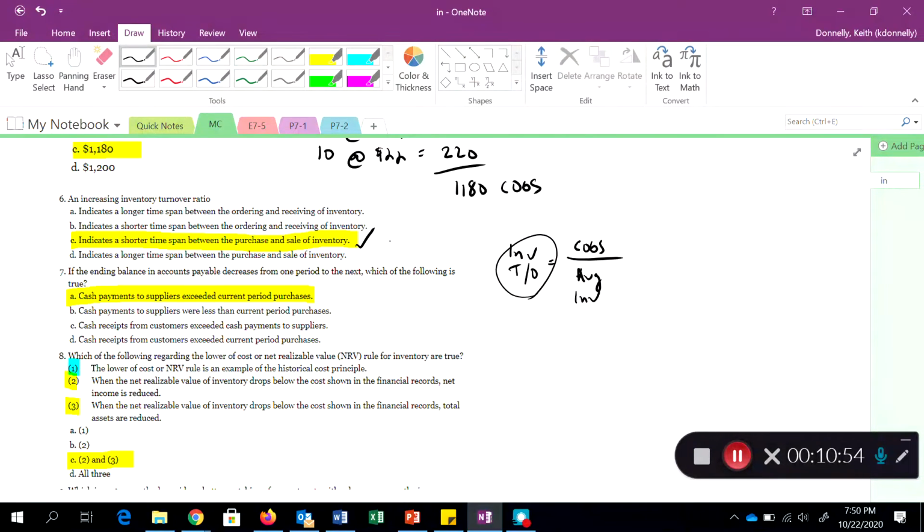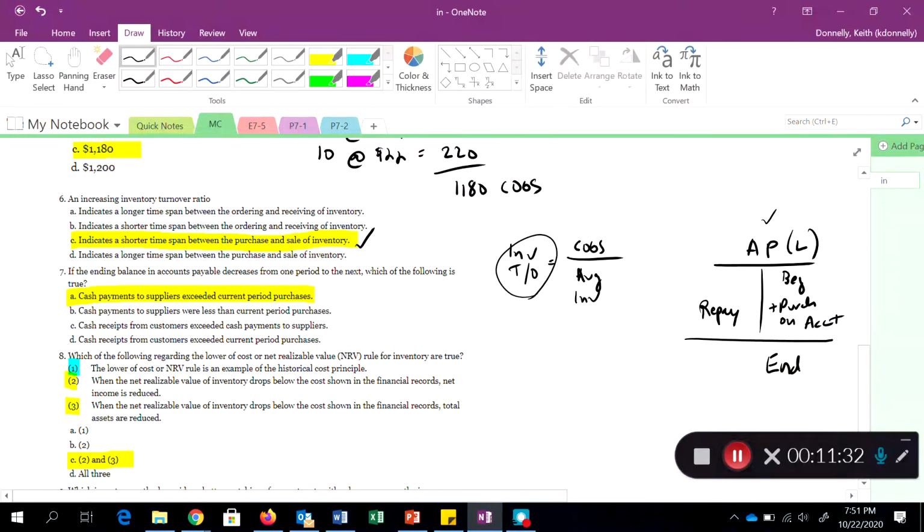Number 7, when we look at this here, it says, hey, if the ending balance in accounts payable decreases from one period to the next, which of the following is true? So we have accounts payable. We know, hey, this is something we have to pay in the future. It's a liability. And with our liabilities, right, we have our beginning, plus we have our purchases on account, minus, when we repay our payables, we pay some of them off, gives us our ending.